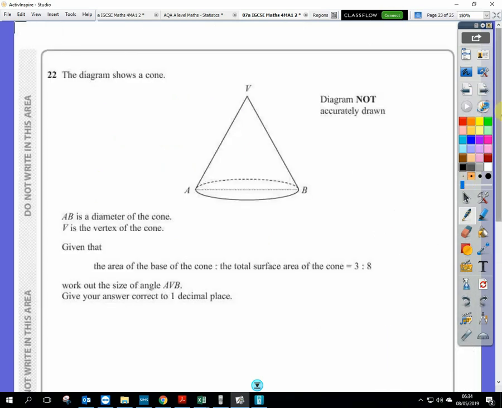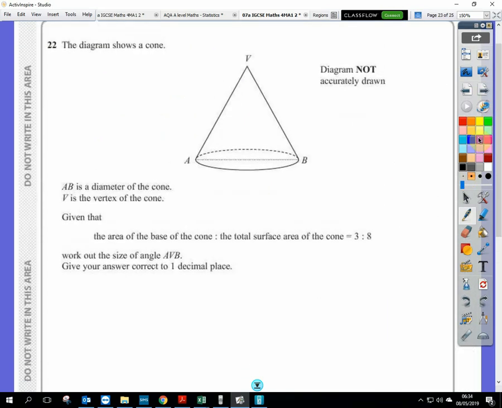Next question. Right. So, no measurements given here, but we do need some formulae from the formula sheet. The area of the base of the cone, which is pi r squared, to the total surface area of the cone.